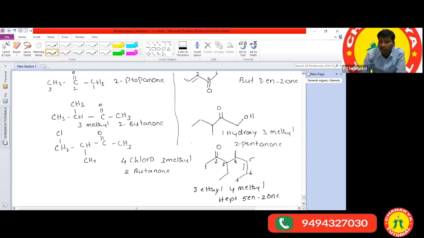First priority goes to the functional group. Here the functional group is a ketone, so it has to get the least numbering. That is why I numbered from left to right. At the third position there is an ethyl substituent, and at the fourth position a methyl substituent. So the IUPAC name is 3-ethyl-4-methylhept-5-en-2-one.